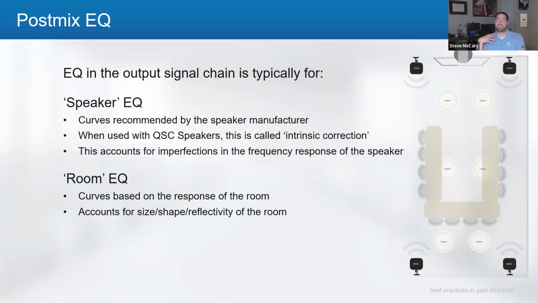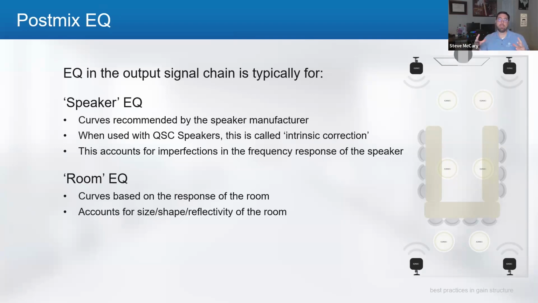When you use Q-SYS speakers, say you've got an AD-C6T in the room, you can just take the block that's in the inventory and put that either in line, or if you're using a Q-SYS amplifier, put it on the back side, and that will do intrinsic correction, which will do things like limiting and EQ and just help flatten it out.